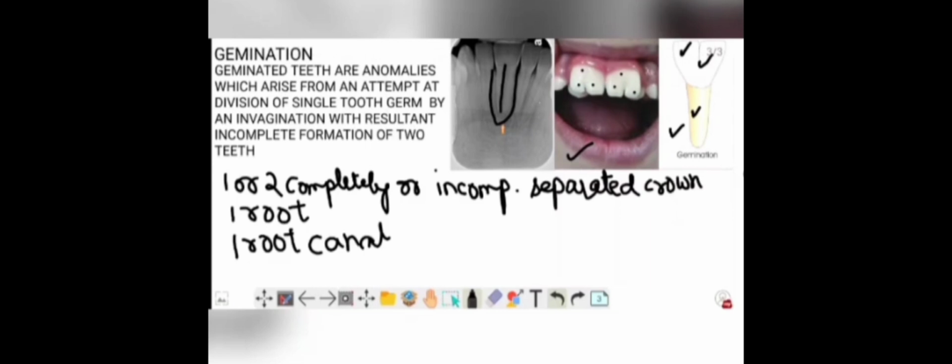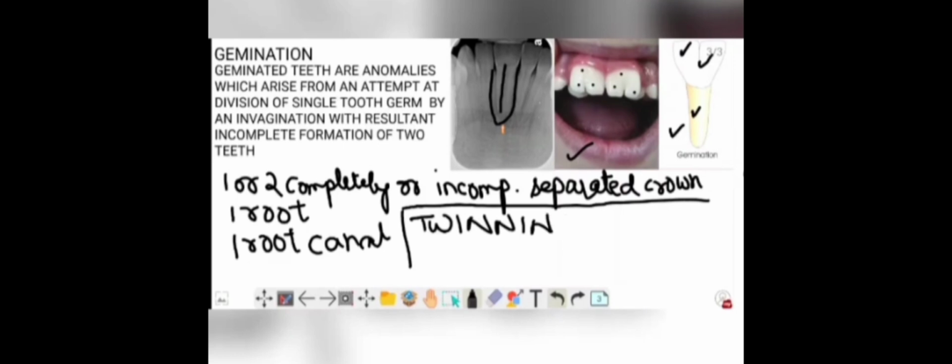Since we are describing the division of the tooth germ, now let's see if the tooth germ divides completely. Because of that complete division, we see a phenomenon or a process called twinning. Twinning means the production of equivalent structures by division resulting in one normal and one supernumerary tooth.